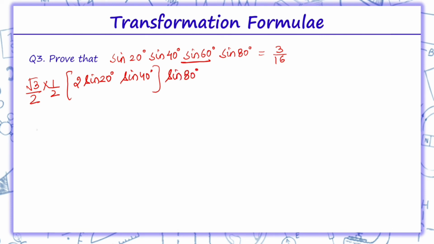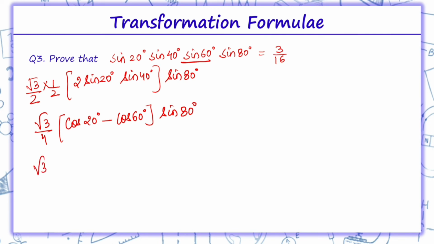Afterwards we will apply the identity. So this can be written as root 3 by 4. For 2 sin A sin B, the identity is cos of A minus B, that is 40 minus 20 degree, minus cos of A plus B, that is cos 60 degree, into sin 80 degree.